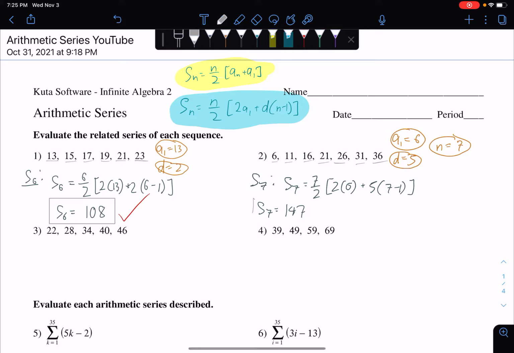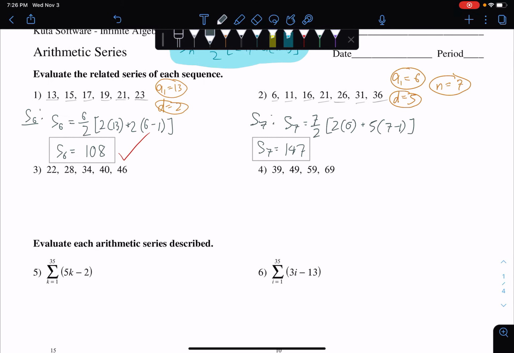One question that's usually raised is, what's the difference between arithmetic series and sequences? Well, for an arithmetic sequence, what we're trying to find is the quantity of a specific term. But for an arithmetic series, we are trying to find the summation of all quantities depending on n. So to apply it to the questions that we've just answered, for example, for number 2, we're trying to find S sub 7.